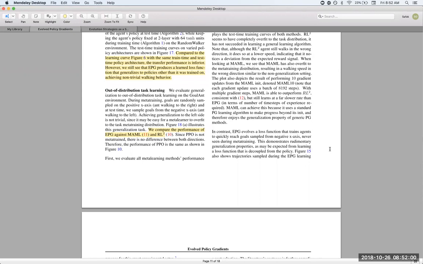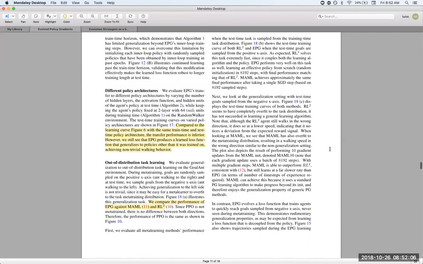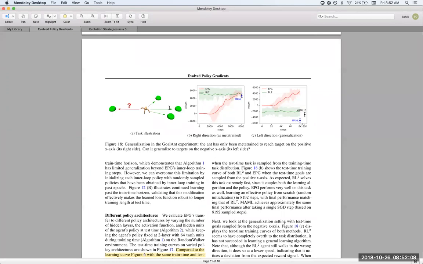The evolved policy gradients is effective at a small family of tasks, like walking towards the right, finding a target to the right of the agent, and then testing it on a target that's to the left of the agent. So it generalizes to a small family of tasks.